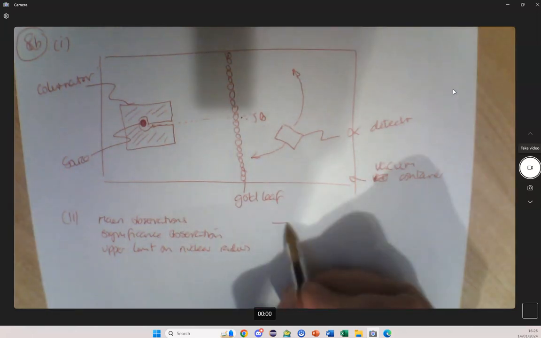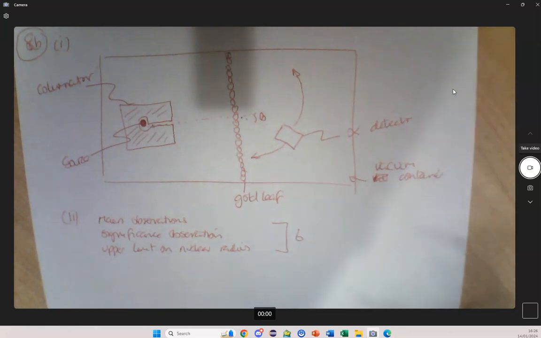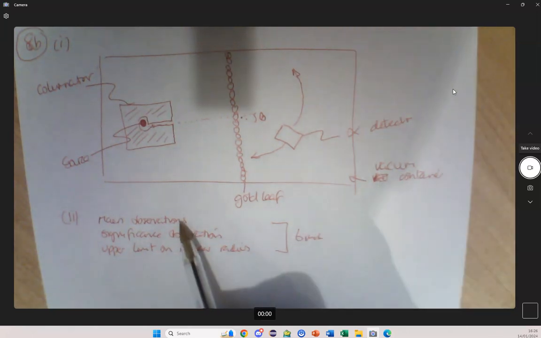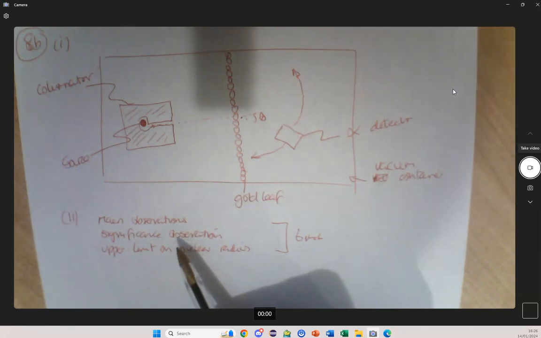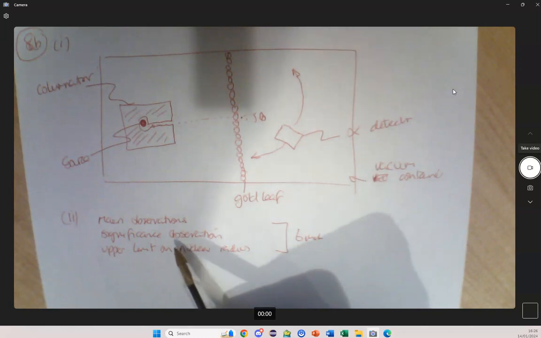So we've got 3 things. This was 6 marks. The first thing I would say is we've got to make sure we attempt each of these 3. If you miss one of them out, you normally get penalised pretty heavily. So we're going to make sure we cover all 3 elements.